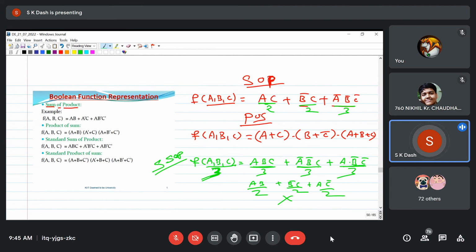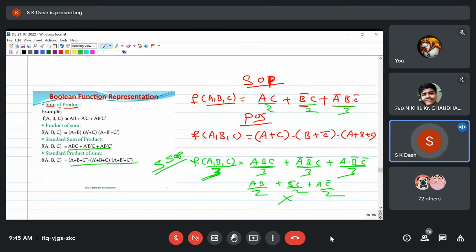So in a standard form, in each term, your number of variables has to be the same as the number of input variables. You can see one example here for standard SOP, and for standard POS, this is the example. Okay. So is it clear about SOP, POS, standard SOP, standard POS?